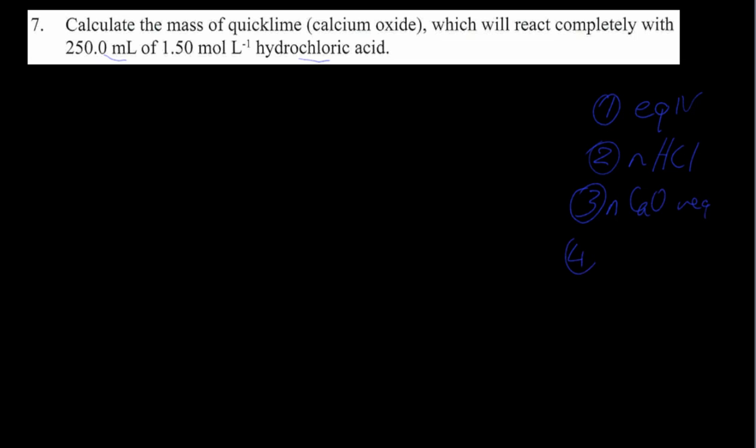And fourth, we're asked to calculate a mass, so we need to give a mass of quicklime required. And that's our strategy. Equation first. Look at the number of moles of hydrochloric acid we have, figure out how many moles of calcium oxide we need, and then convert that through to mass. Okay, let's get on with it.